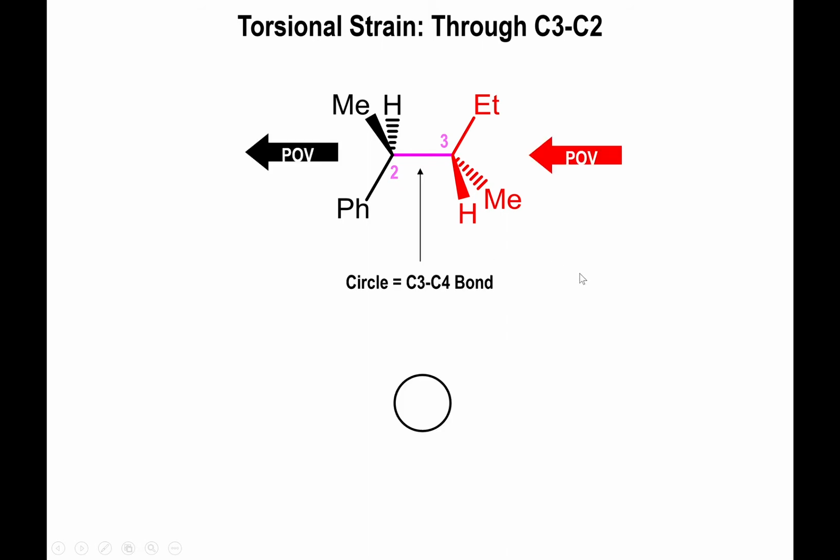All right, now looking at this one more time. So this is meant to be C2 to C3. On top we have 1 bond above, 2 bonds below, right? So that means that you're going to have a Y down on the front. Ethyl is on top, hydrogen is on the bottom, and so is methyl. But it's also important that you keep that point of view.